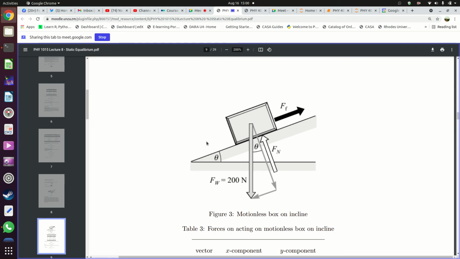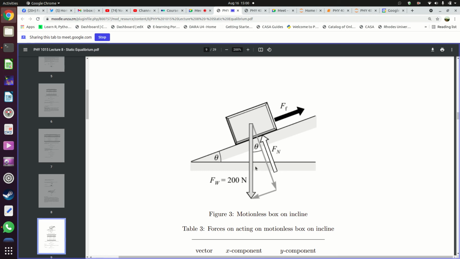This is the one pulling the box down, and it's being opposed by this one. Then there is this other component, exerting a force at 90 degrees to the surface. The incline is not happy about this, so the incline is pushing back.